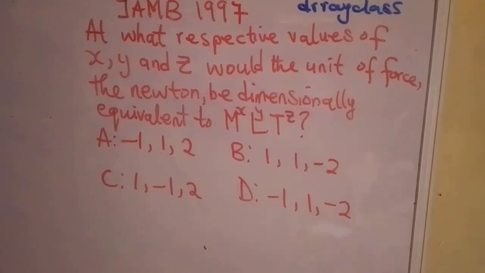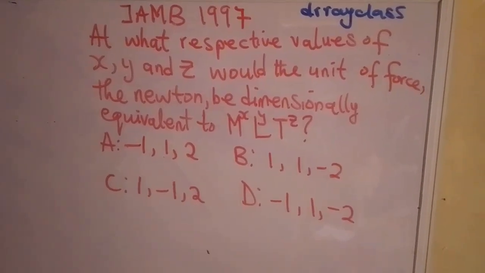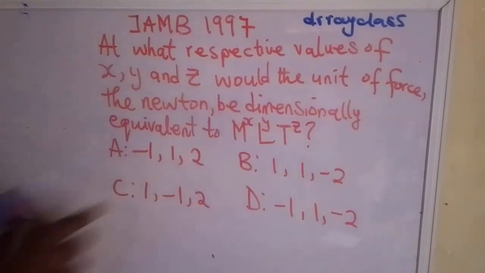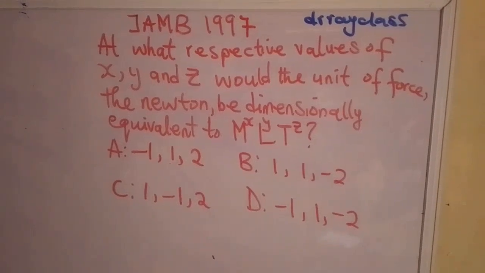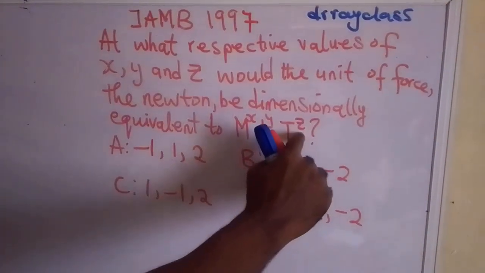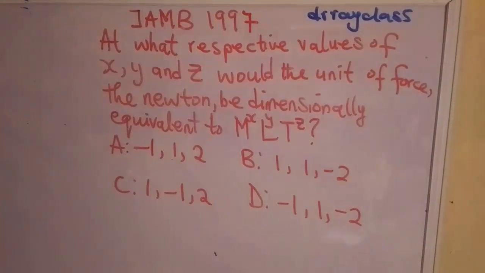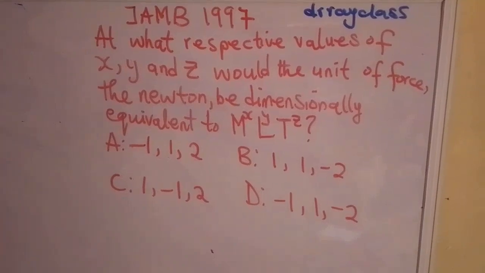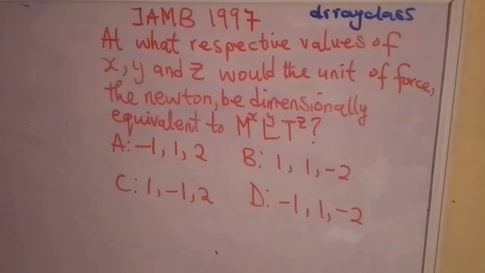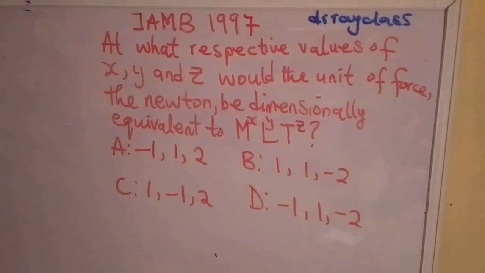From the dimension calculation you got for F, what's the power of L there? That is the same as y. From your dimensional analysis of force, the power of T there is the same thing as your z. Now, if you've learned to do that, you see this is going to be very, very simple for you. Now, let's go over here and solve it together.